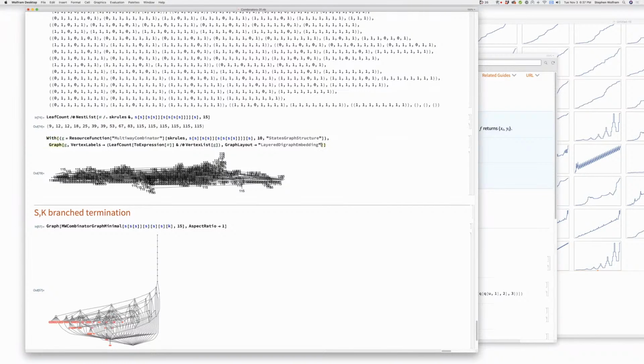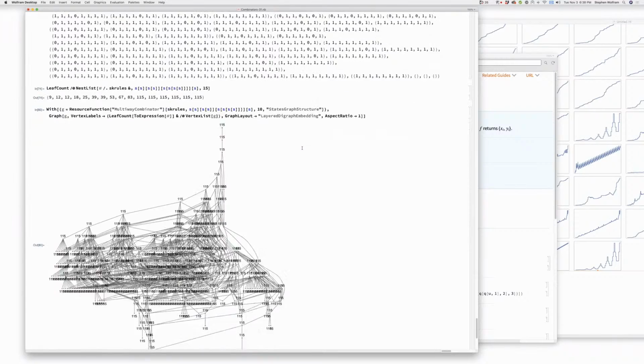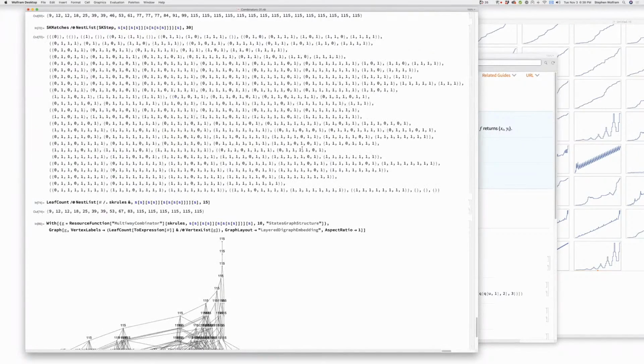What's going wrong? I've done something stupid here. Oh, I know what I've probably done. Vertex labels. I don't know what I did wrong here. Let's take a look. Why did they all say 115? That's a very bad sign.